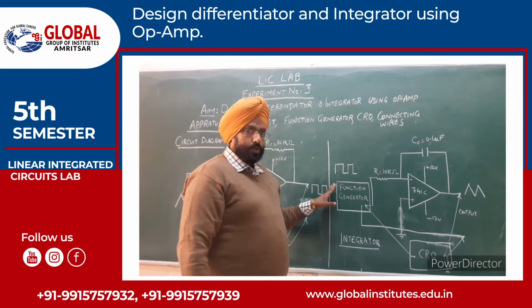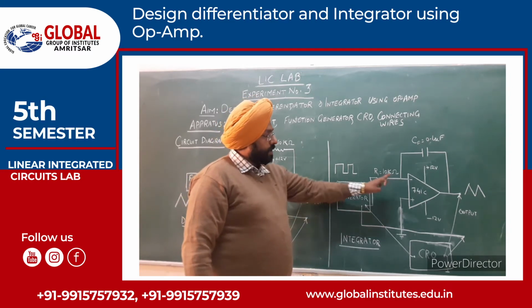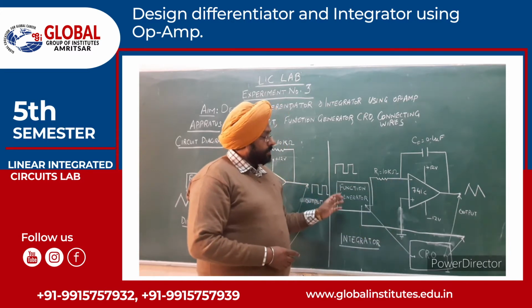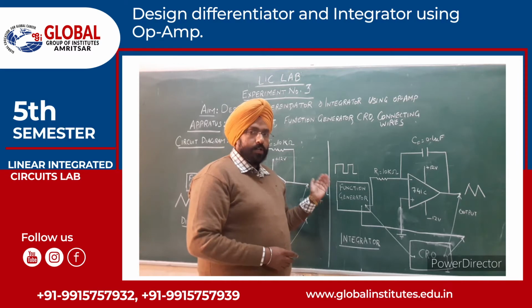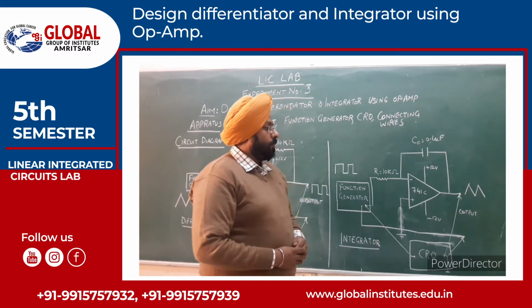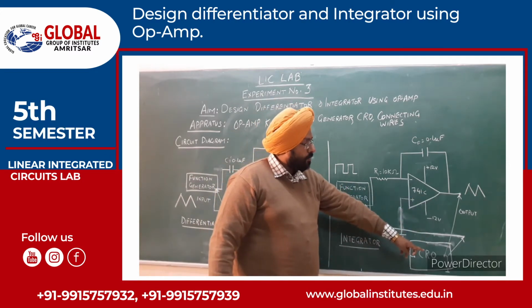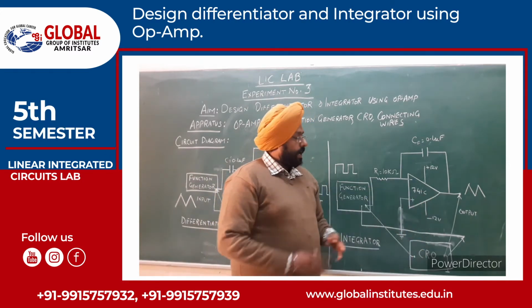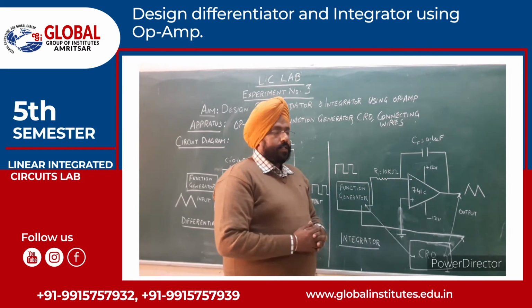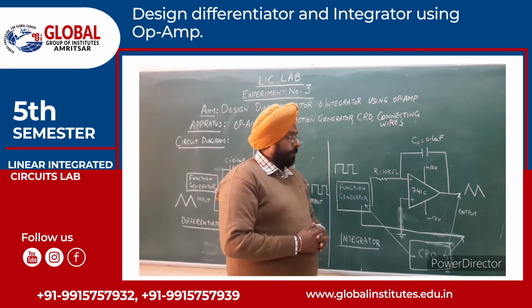Input is applied using a function generator to the negative terminal and the positive terminal is grounded. We can observe the input at CRO channel number 1. For the output observation, channel number 2 of the CRO is used, and for the supply of the circuit we again use plus minus 12 volt DC.